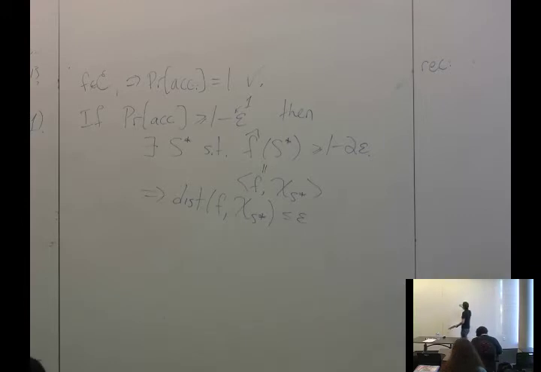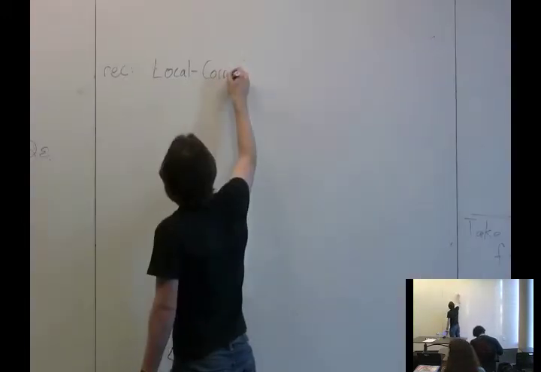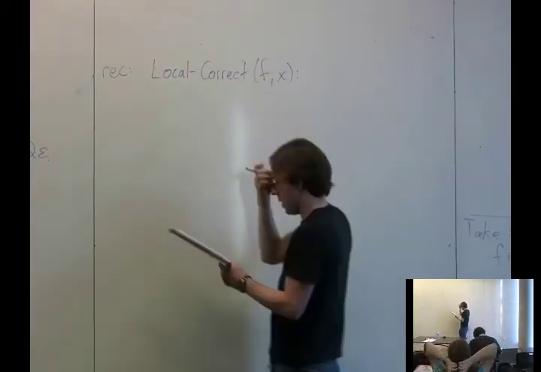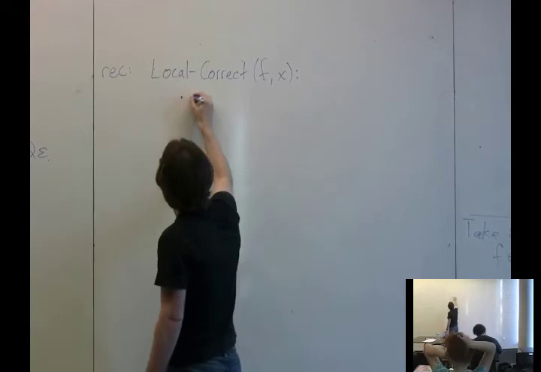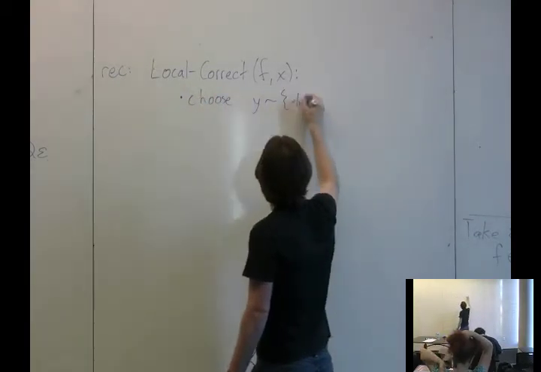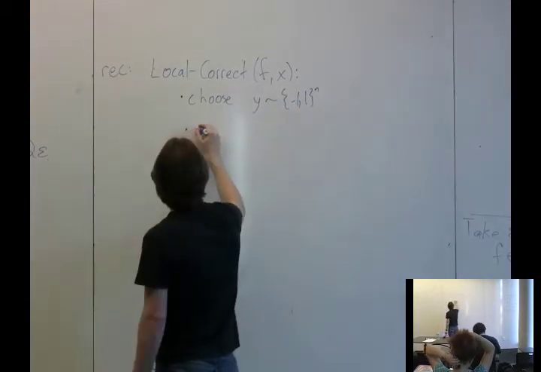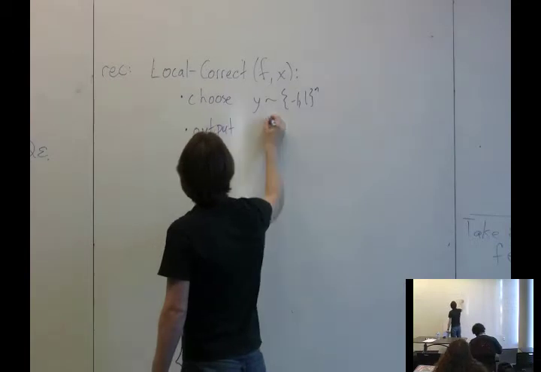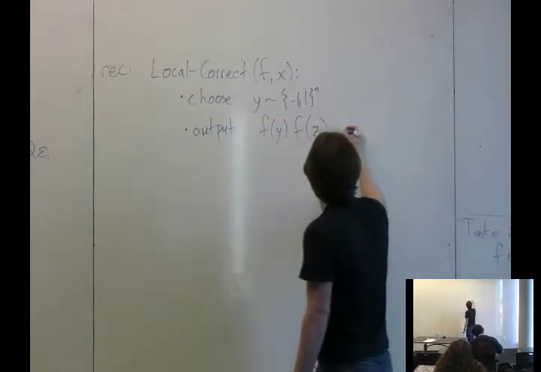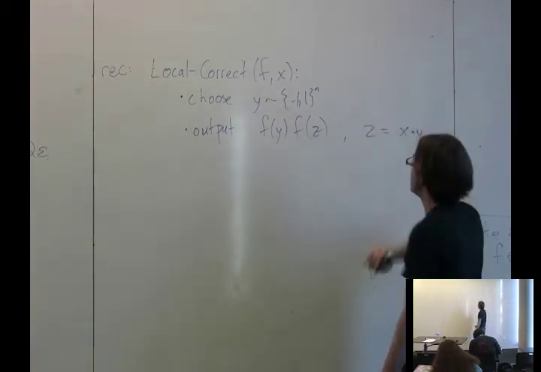So we defined this little algorithm called local correct, given access to f and a string x, that just does the following. Choose y uniformly at random, and output f of y times f of z, where z is the pointwise product of x and y.